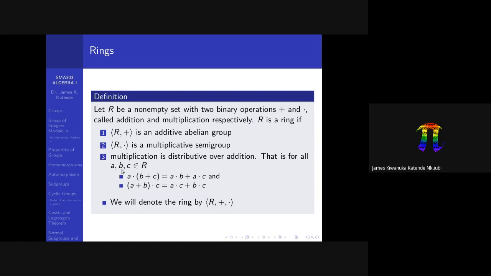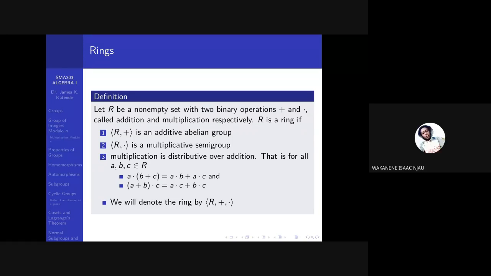Then we have two more properties here. When you are learning about binary operations, you must have learned about this distributive property, right? Did you learn about the distributive property?